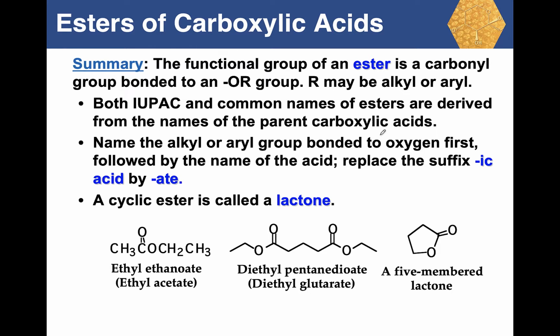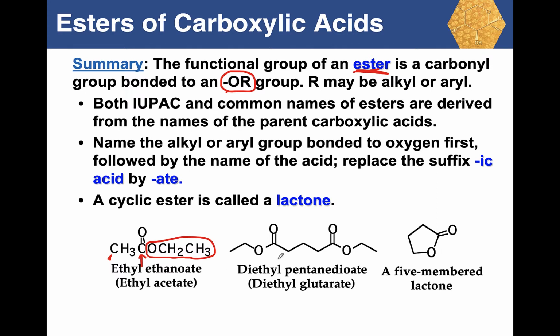As a summary, so we have esters. You should be able to recognize the ester functionality, and remember that there's an OR group that's bonded to the carbonyl. Here's an ester. Here's the OR group that's bonded to the carbonyl. Remember, the carbonyl here is C double bond O, and of course there's an alkyl group.